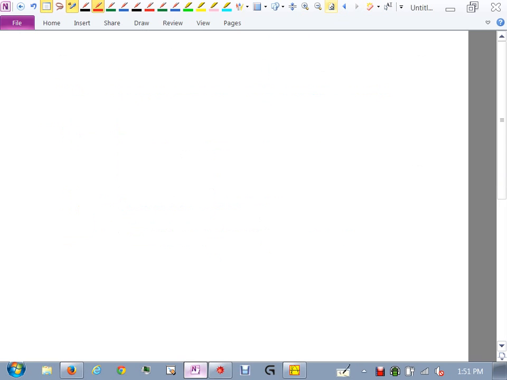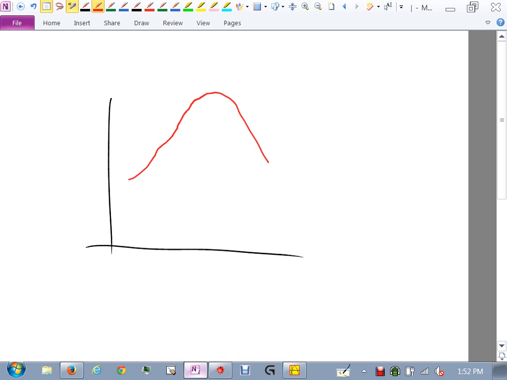So let me try, if I can possibly do it, to draw something that has a max and a min without making the derivative 0 or undefined. So how can I do it? Let me try and put a maximum up here. It means I'm going to have to come back down at some point. Like there's my max. But there is no way to avoid the fact that at the maximum point, the derivative was 0.